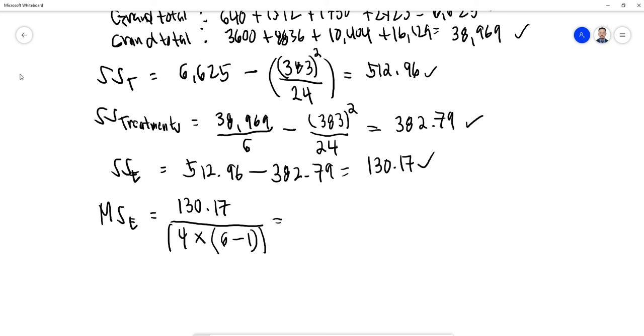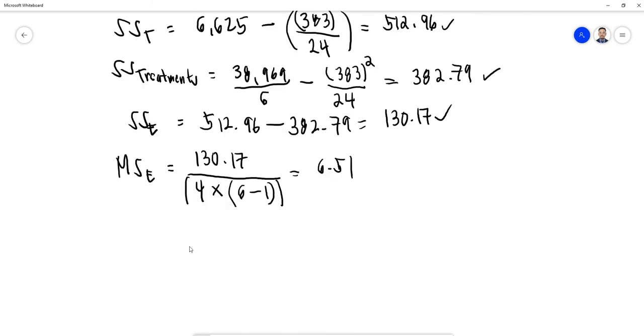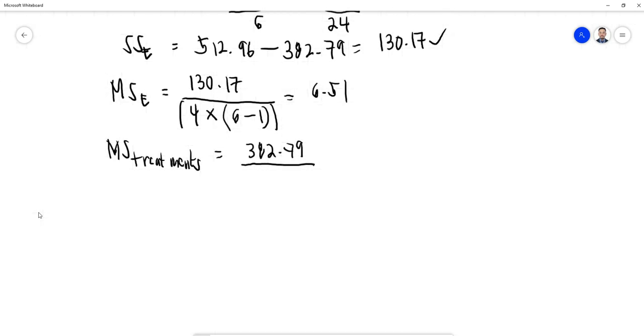This will give us 6.51. Next, we will compute the mean square of treatments, that is SS treatments, 382.79 divided by small a, which is 4, minus 1. This will give us 127.6.